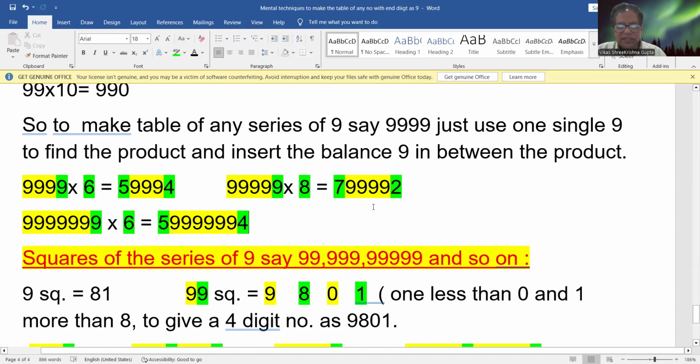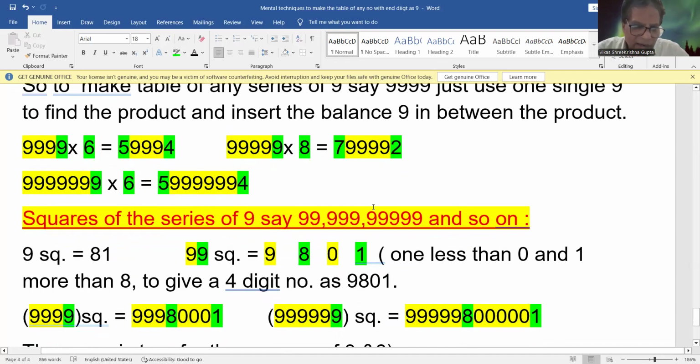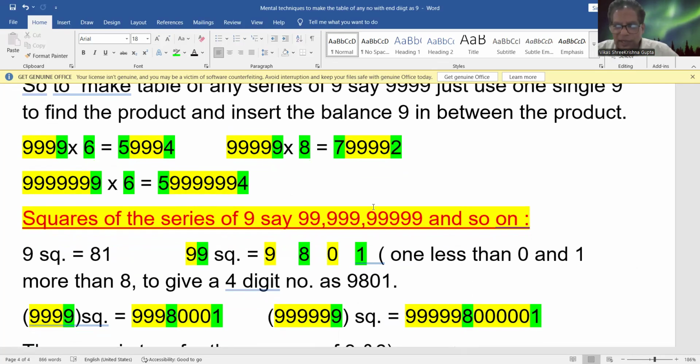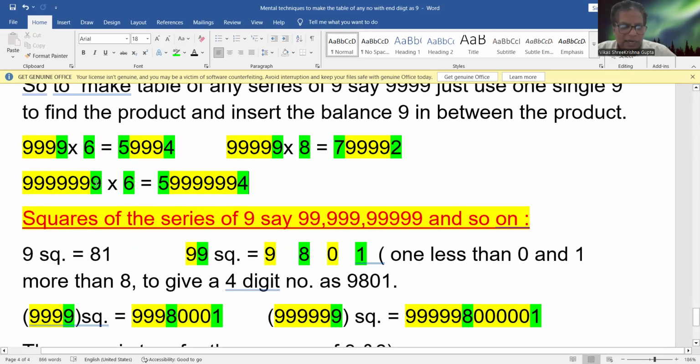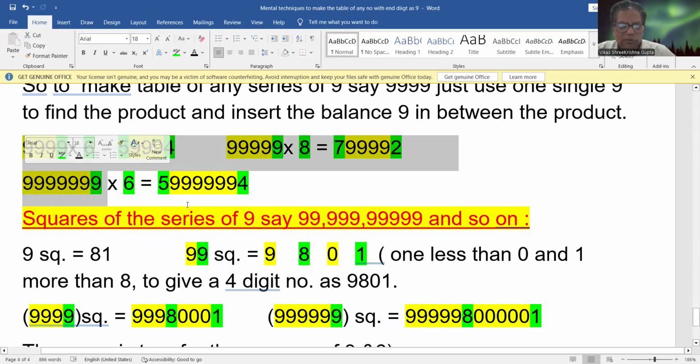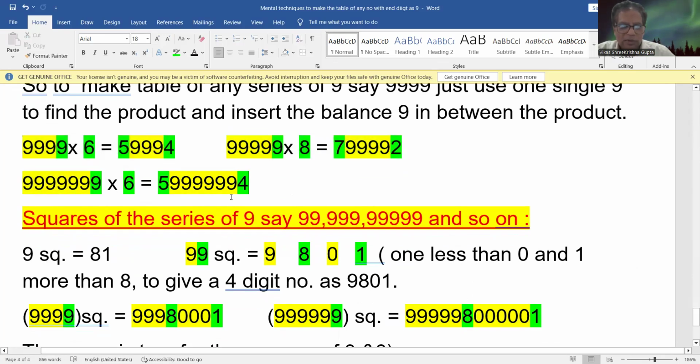I get the answer as 7, then four 9s, then 2. So these are very simple techniques, and you can use this technique to make the table of any series of 9s, such as 99, 999, 49, 59, 69. Just multiply 9 by 6 and insert the additional 9s between the digits of the product of the single 9 and the given number.